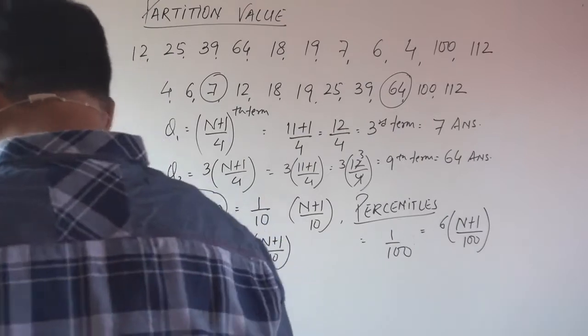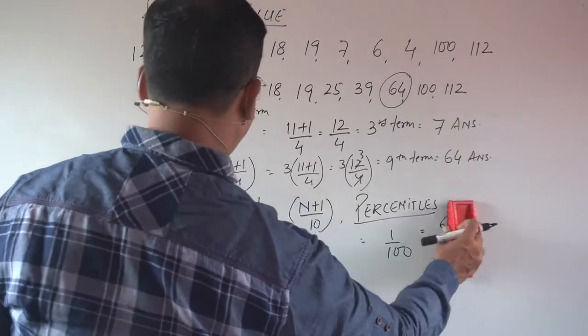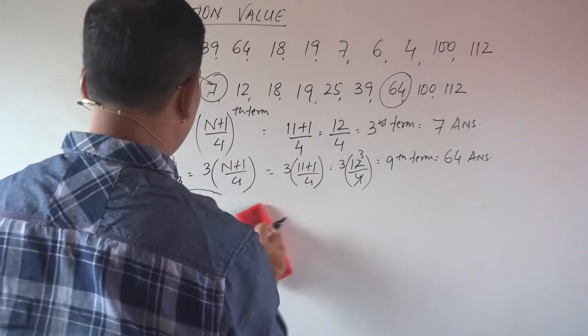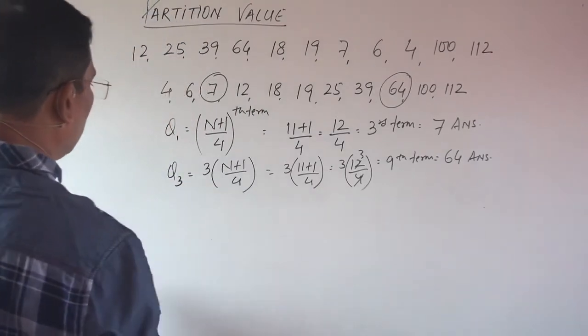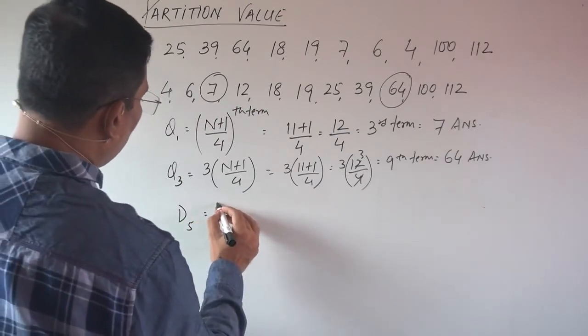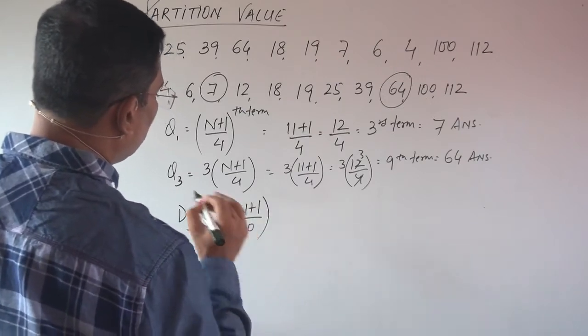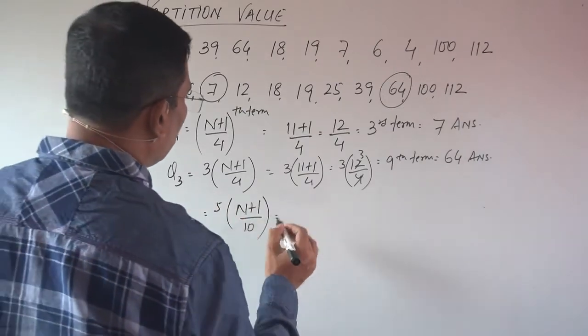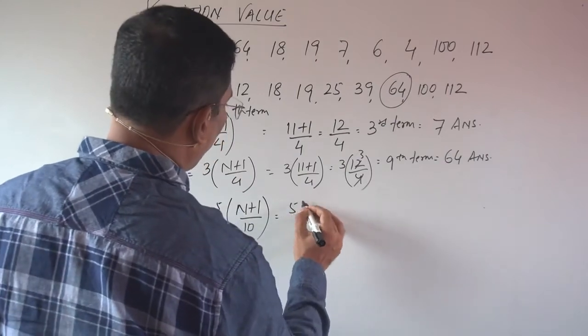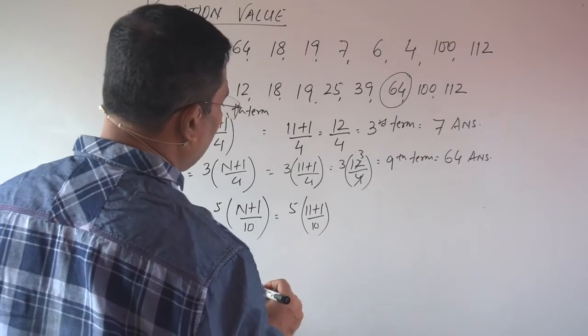In the same question, here I am calculating D5. How will you calculate? 5 times (n plus 1) upon 10. Next, 5 times (11 plus 1) upon 10.